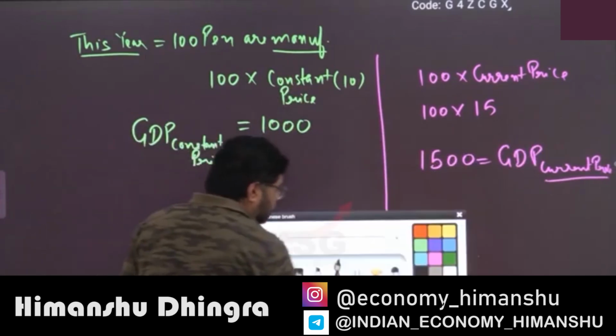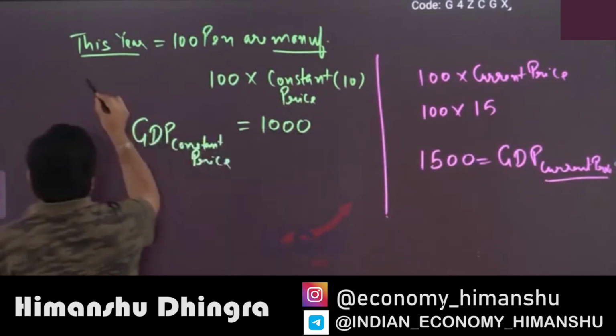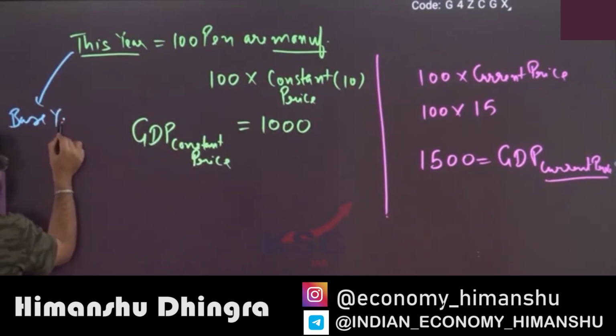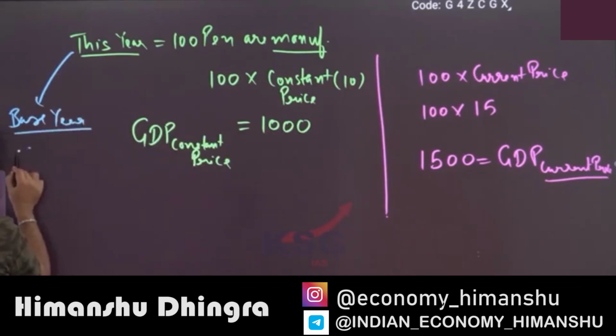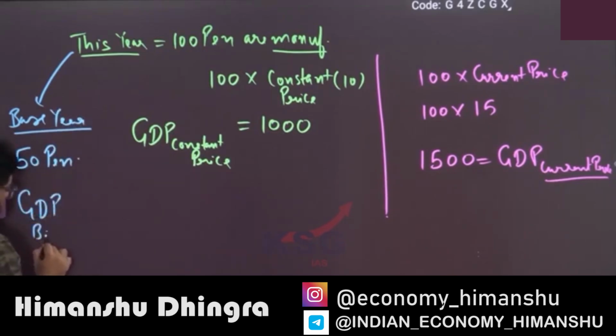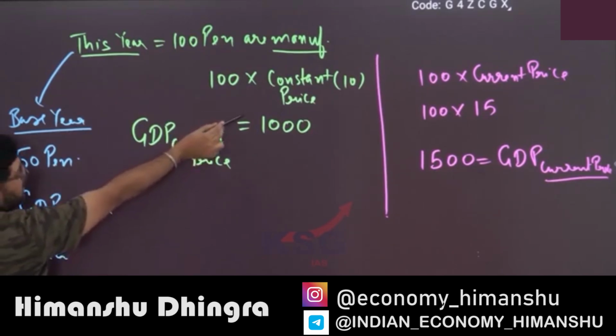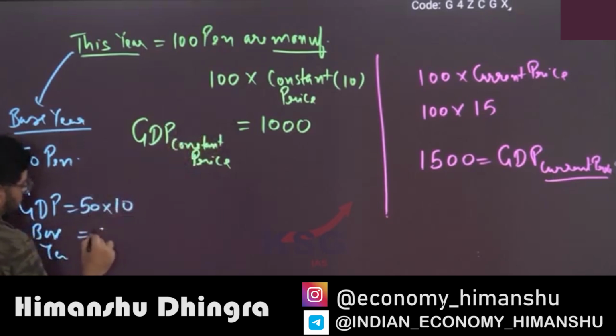Now if I talk about the base year also, for example, in the base year 50 pens are produced. So the GDP of the base year is 50 into the price in the base year, which is 10 rupees, so ultimately 500. So this is the GDP of the base year.